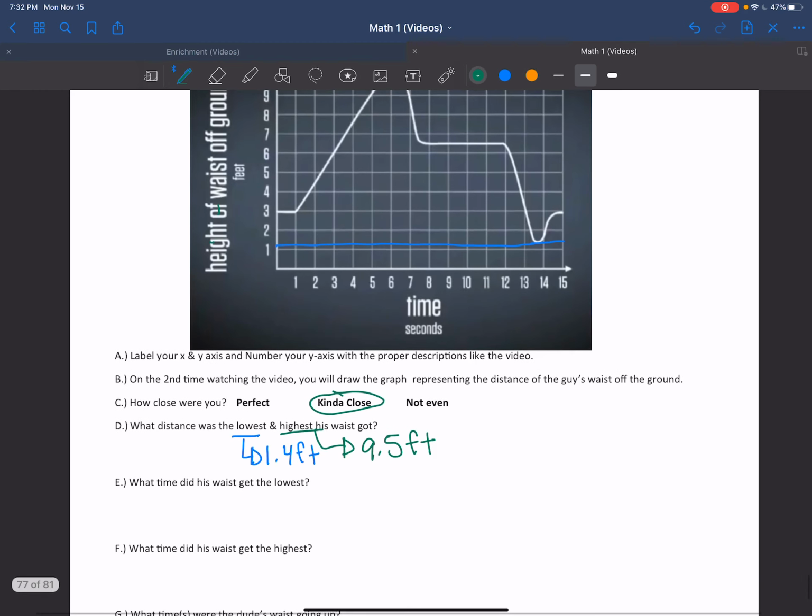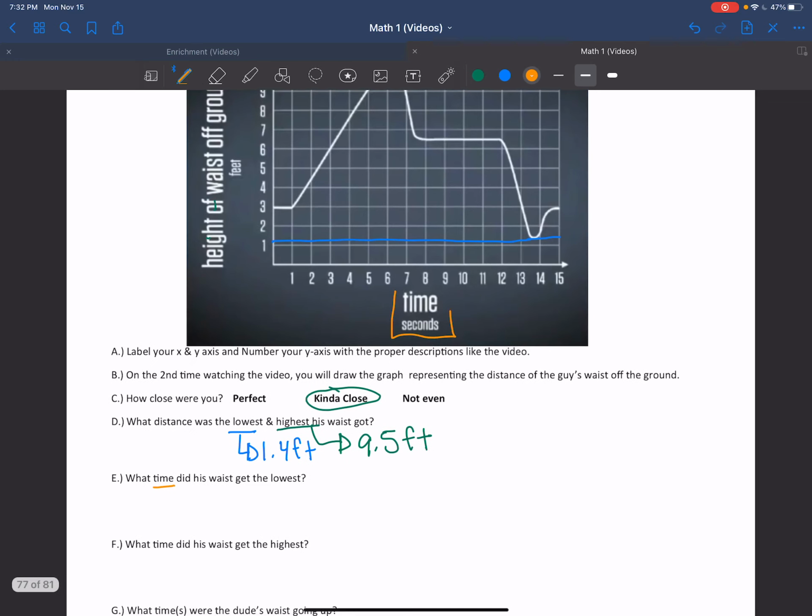Okay, now the next one asks us the time his waist was the lowest. So we're looking at the x-axis, right? Well, it was the lowest at about 13.6 seconds. It's a guesstimation.